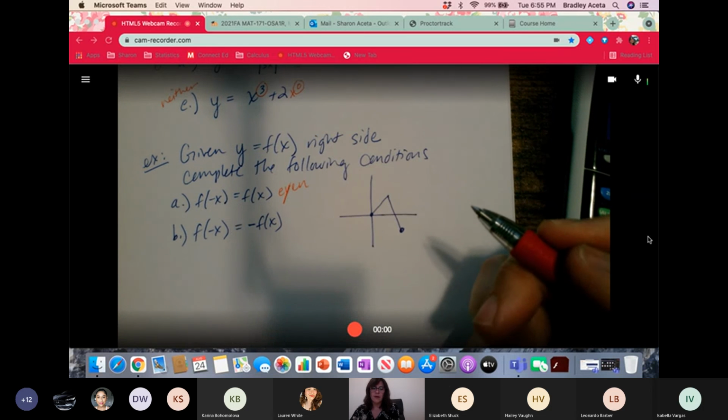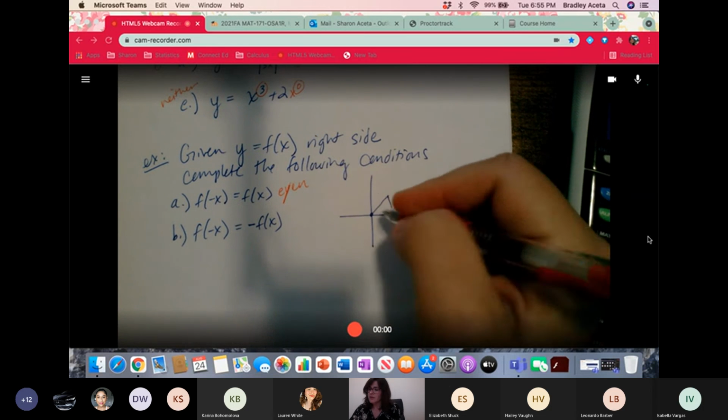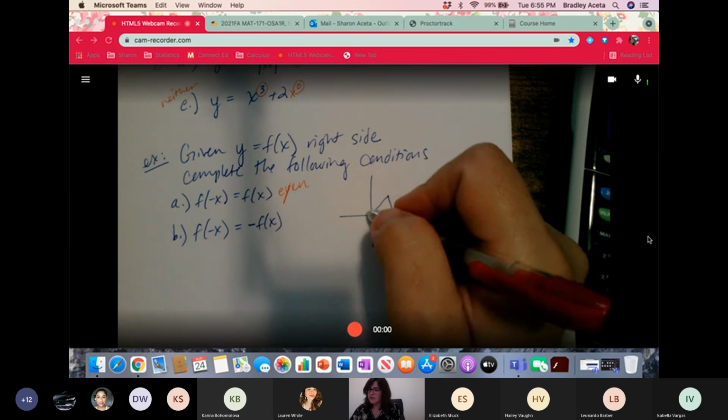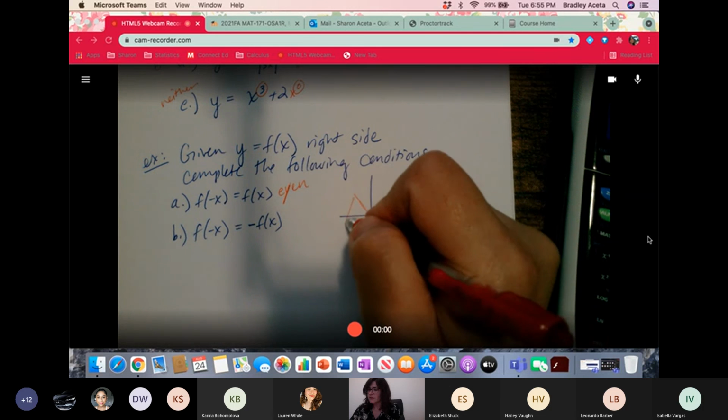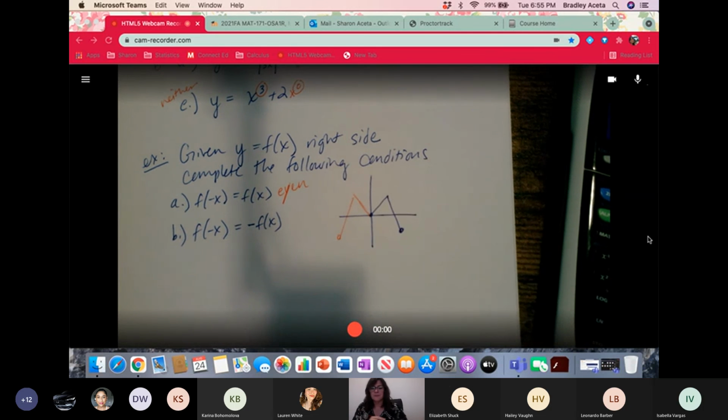Remember, it flips over the y. So I'm going to draw this as if it flipped over the y, like that. That's what they're going to expect you to do. I can't remember if it's multiple choice or if they actually want you to put in some points, but they just want to make sure you flip that over the y-axis.